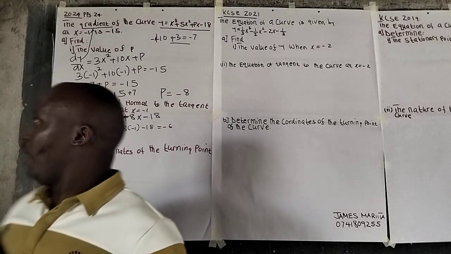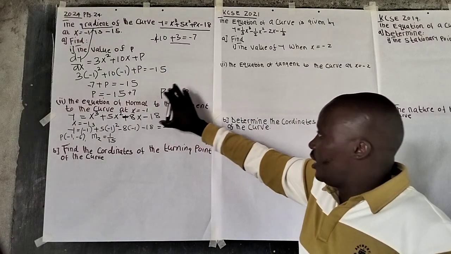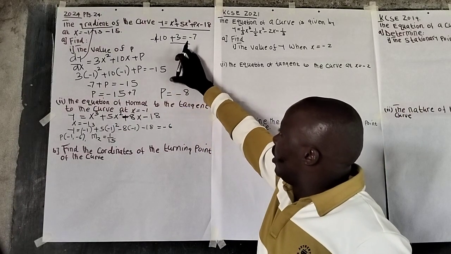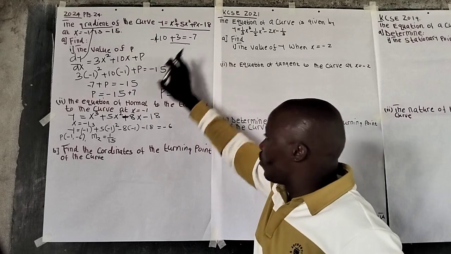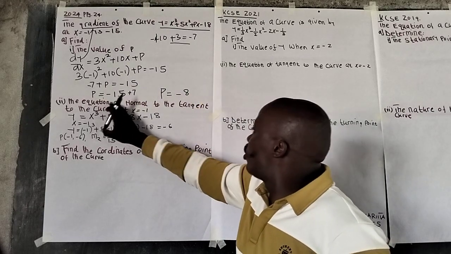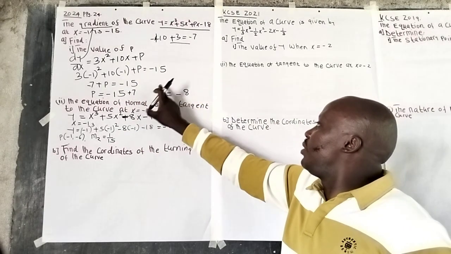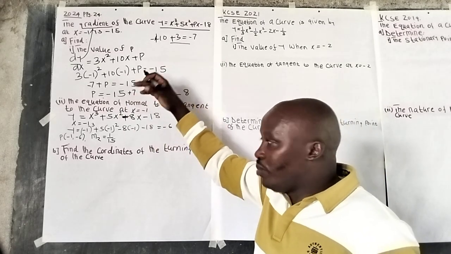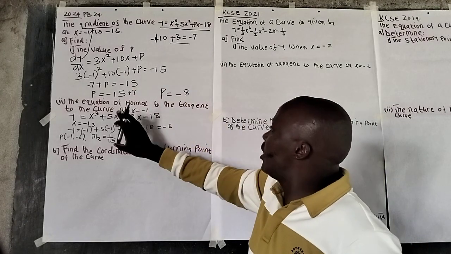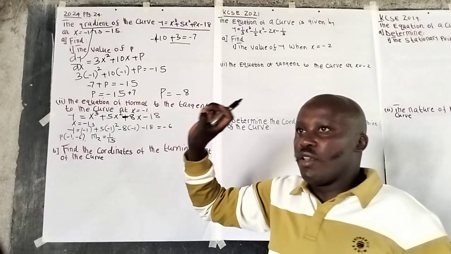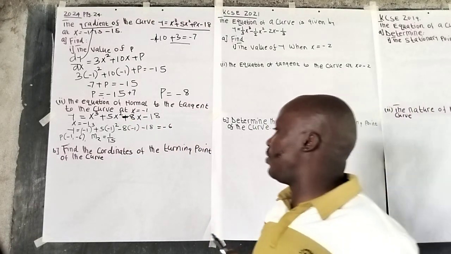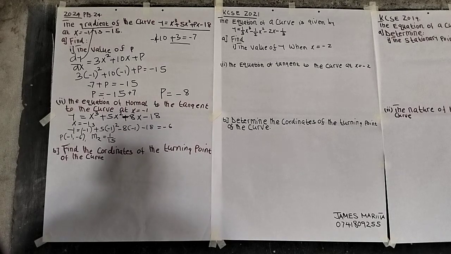Get that one very clear? Since we have the gradient of the curve as negative 15, the gradient of a normal to the tangent becomes the negative reciprocal of gradient 1, which is 1 over 15. So we have the 2 points here.